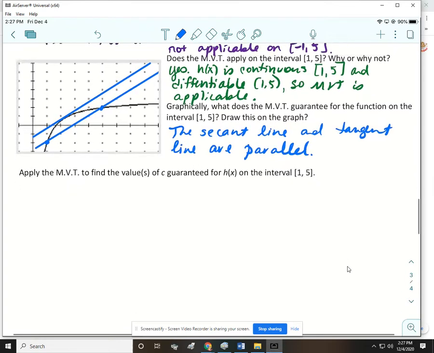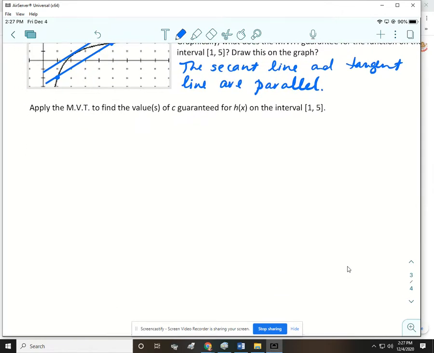All right, so the last part, we're going to apply the mean value theorem to find the value or values of c guaranteed for h of x on that interval. So we want to know what that point is right here, what this x value is. All right, so let's start off by finding the average rate of change.